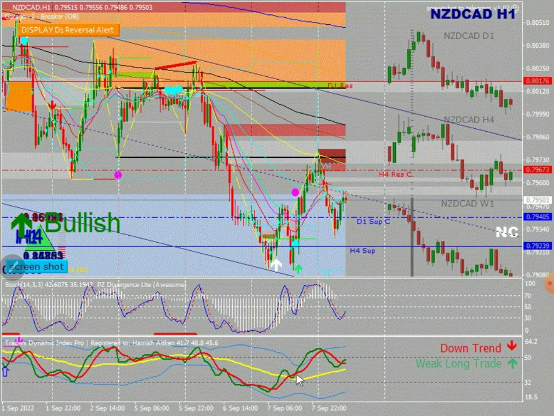Whenever the market baseline is trending below 50, it means we are in the downtrend on the higher time frame. And when we have the RSI, the green, below the market baseline, it means it's a downtrend.